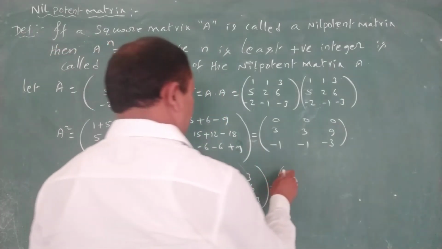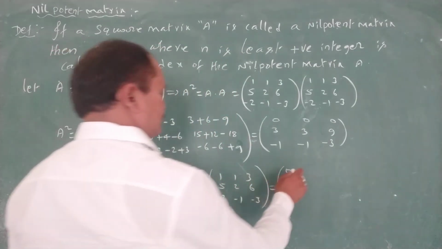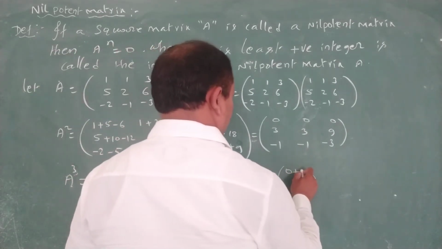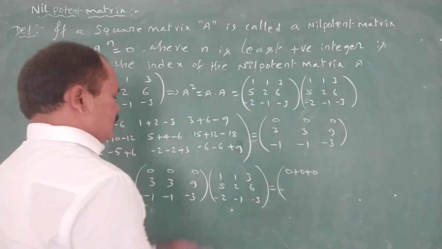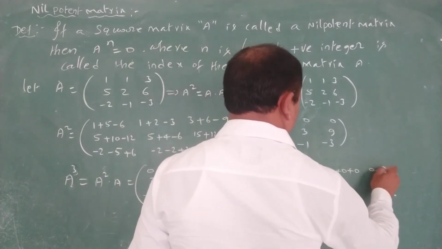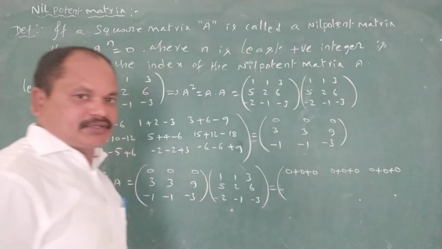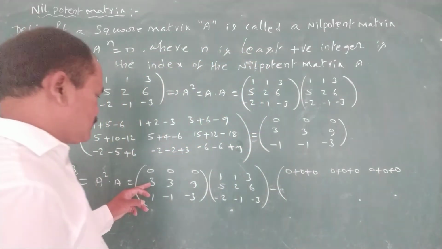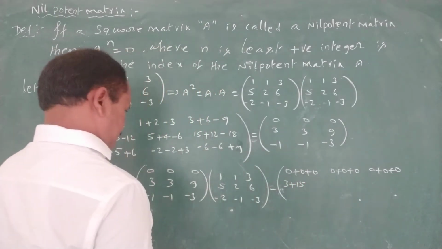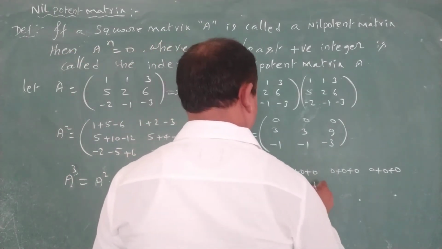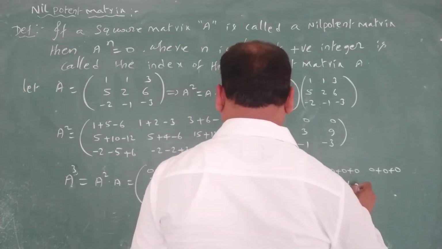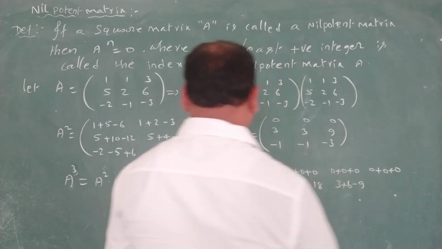Here 0 plus 0 plus 0, 0 plus 0 plus 0. Again, this row: 0 plus 0 plus 0, 0 plus 0 plus 0. Right? Next, here it is from this 3 plus 15 minus 18. Again 3 plus 6 minus 9.